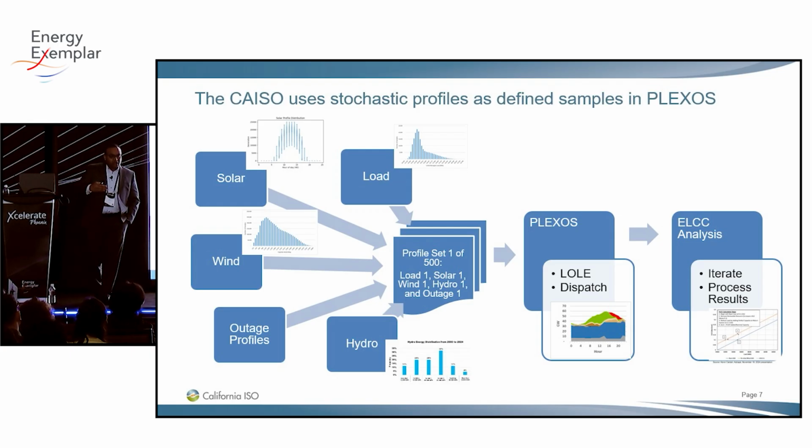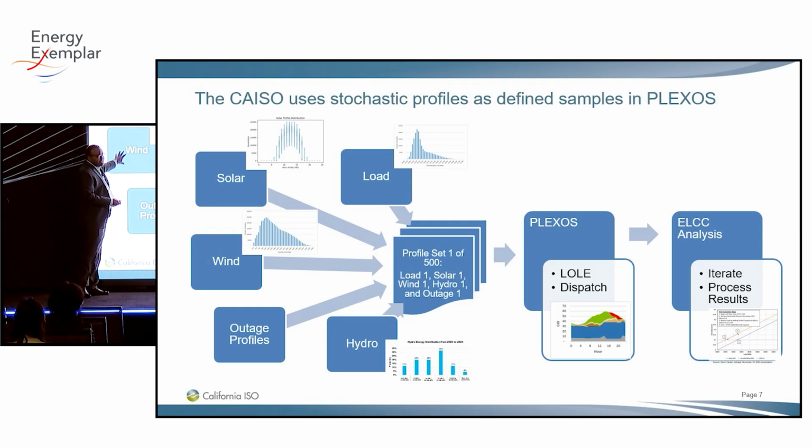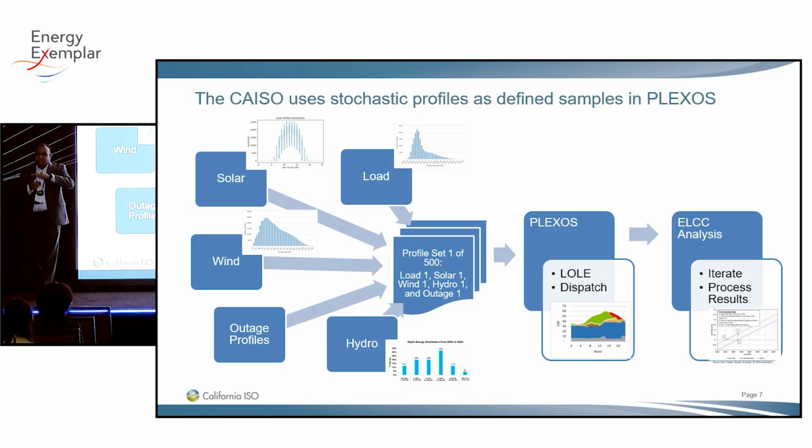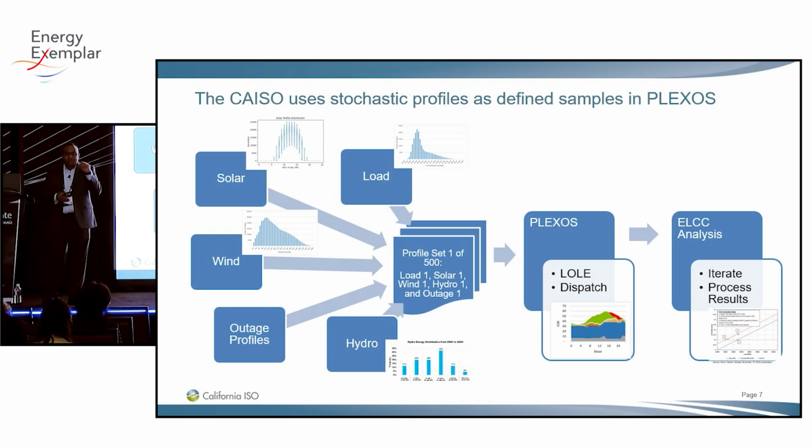Because our fleet is hydro, wind, solar, storage, all weather dependent, all dependent on other parameters, we really have 500 unique sets of profiles for each of the load, solar, wind, based on historical variances. So you have randomized profiles.